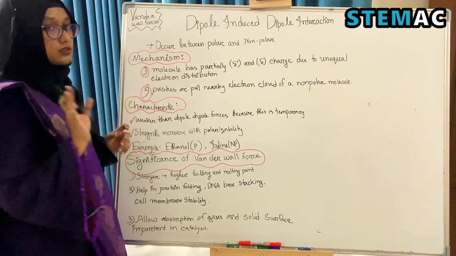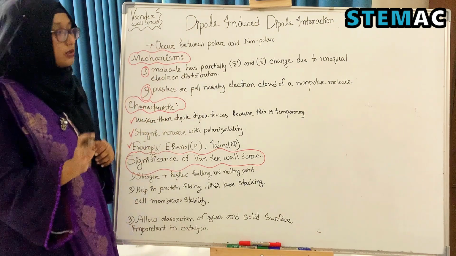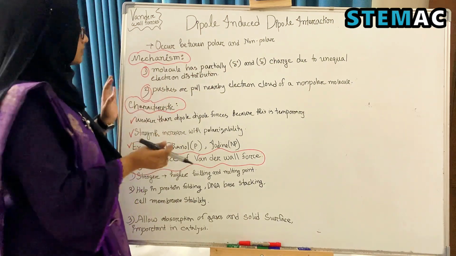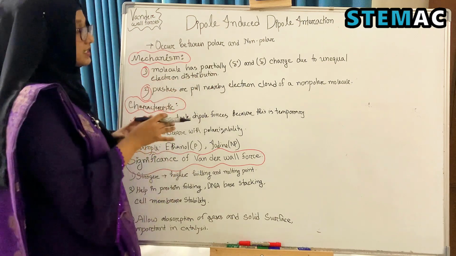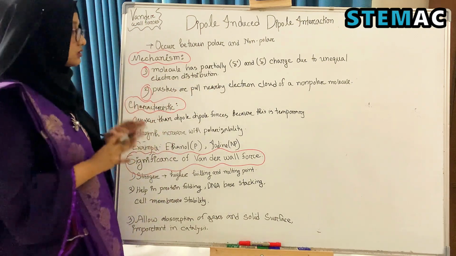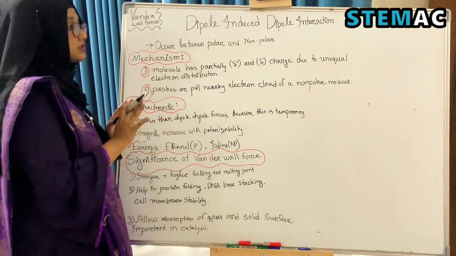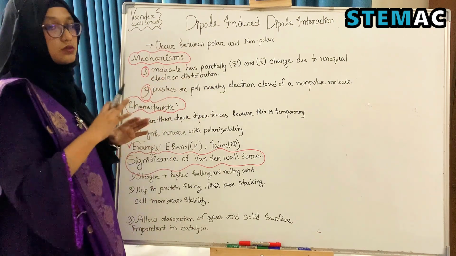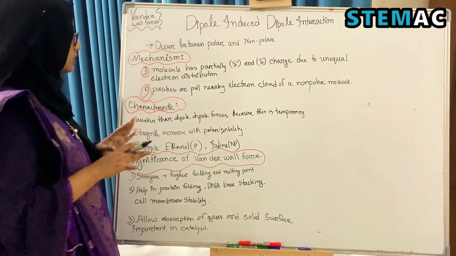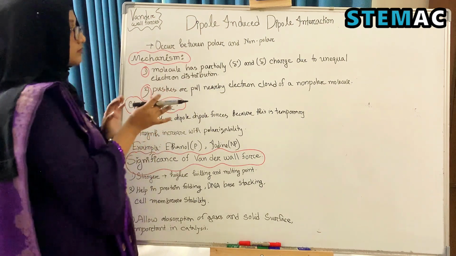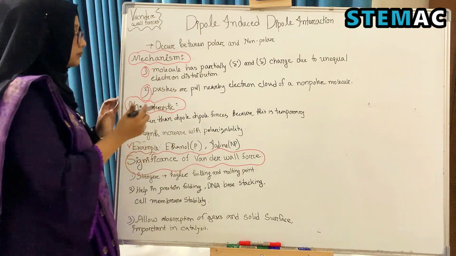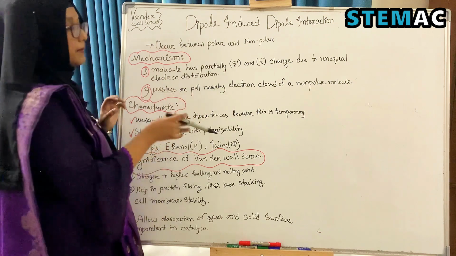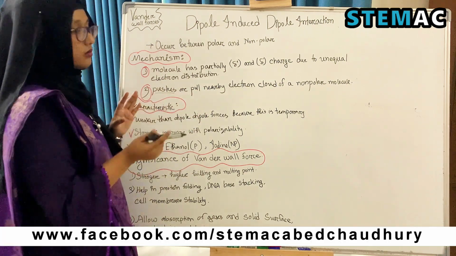So we learned what is polar and non-polar and the mechanism of these force interactions. A molecule has partially positive and negative charge due to unequal electron distribution, which we learned in polar, the asymmetrical molecules' electron distribution. So because of this unequal distribution, those push or pull the nearby electron cloud of a non-polar molecule.